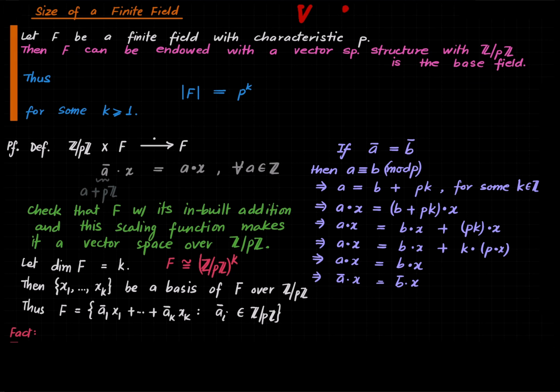I don't want to use F. Suppose you have a vector space V over a field K, then if the dimension of V is N, then V is isomorphic, or has a linear isomorphism, to K to the power N. Here K is actually Z mod PZ and V is actually F. So it's a bit perverse notationally, but conceptually it's also somewhat mind-boggling because you're seeing it for the first time. But it's not. It's a beautiful piece of reasoning. Amazing, I love it.